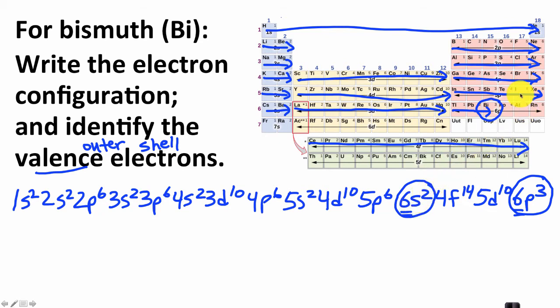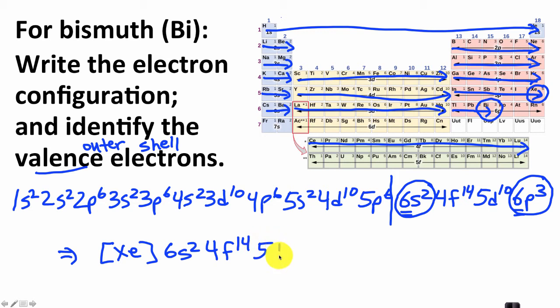Now, one other thing to note is xenon is the noble gas that is just preceding bismuth, and so we could also write this in a more condensed form as xenon, and then after that all the rest of it, so this brings us up to xenon, and all the rest of it will be 6s2, 4f14, 5d10, 6p3, and that would be the condensed notation.